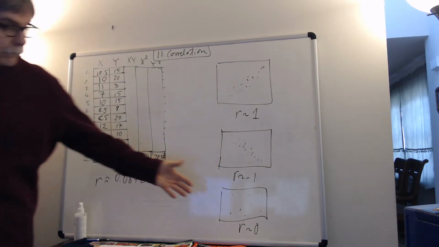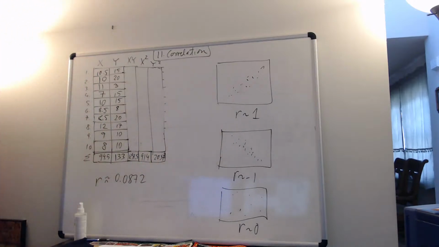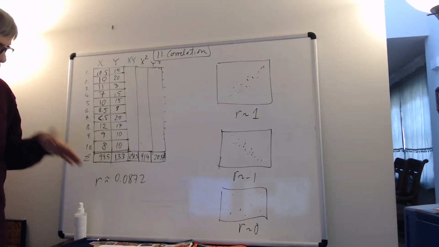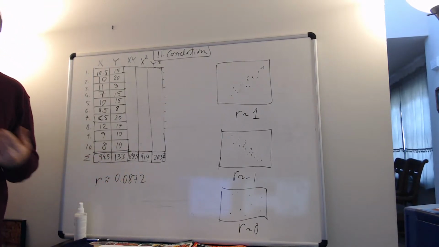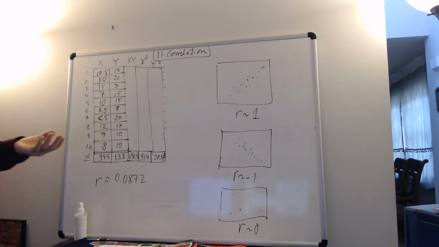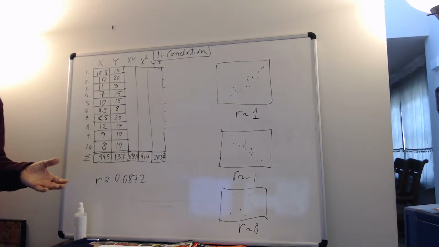And finally, when you have a scatter like that, when you don't have any trend, then you're going to have an R close to 0. Even without graphing anything, you will conclude that there is no relation between X and Y. There is no trend on that graph. If you graph that, you'll convince yourself that that's exactly the case.